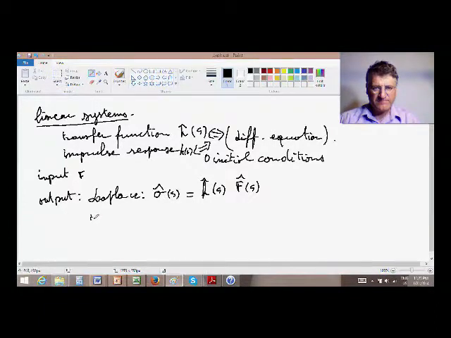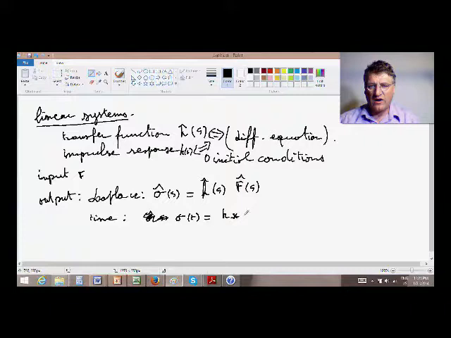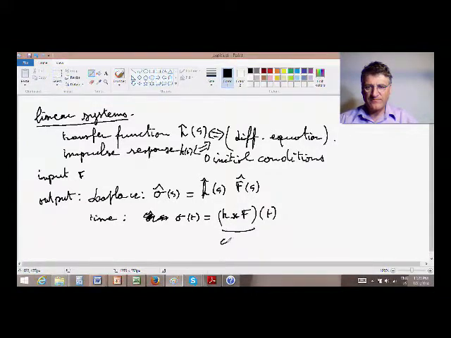In the time domain, the output of t, there is no hat, will be H star F of t. What is H star F? This H star F is the convolution operator.